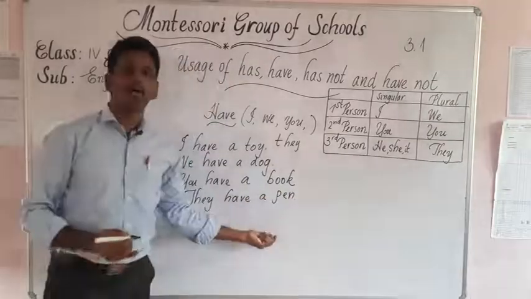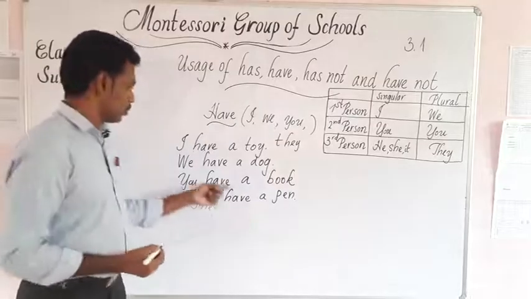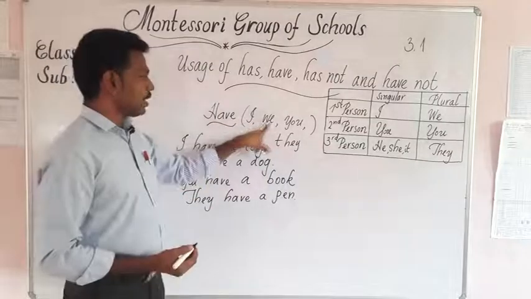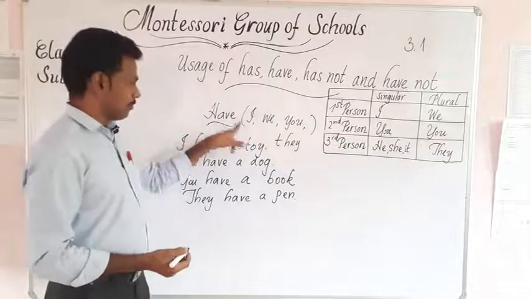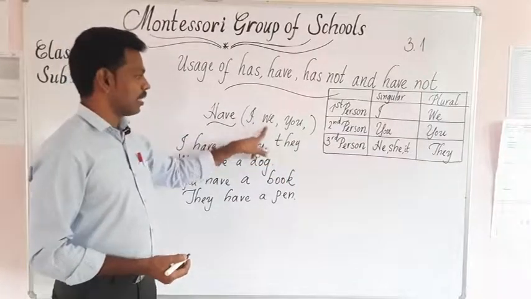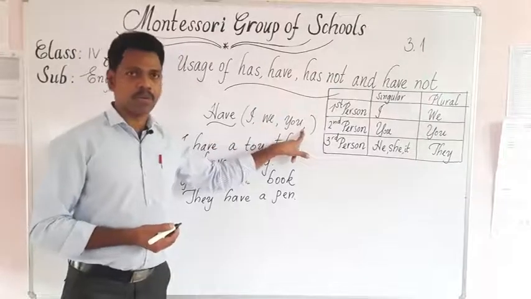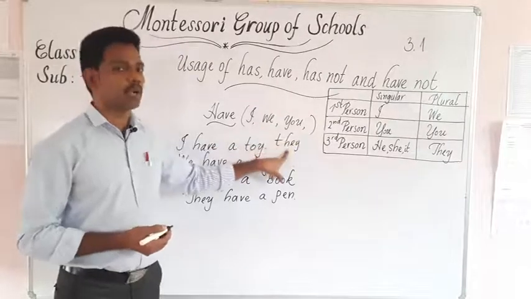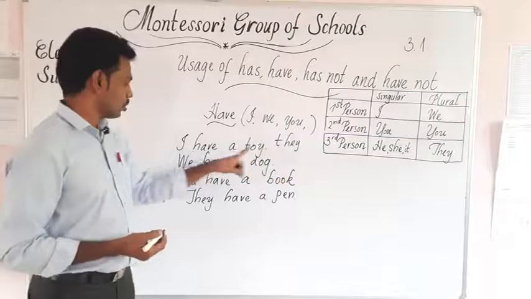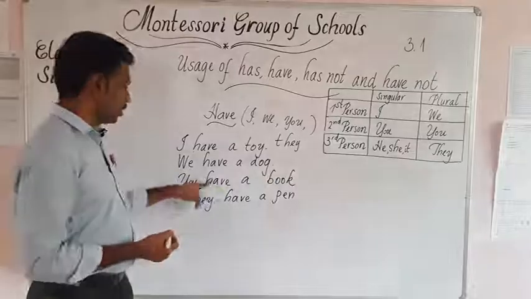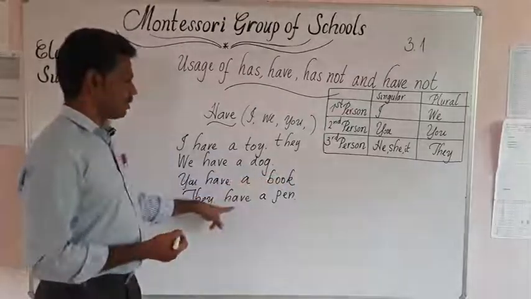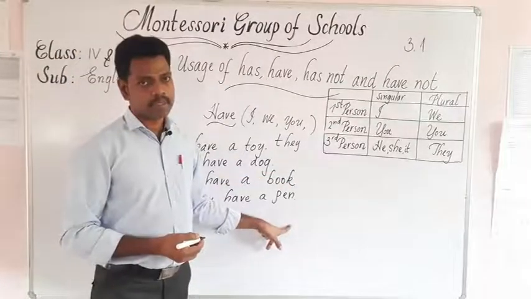And they have a pen. So, I, we, you, they. We are using have with first person singular plural, second person singular plural, and third person only plural. Okay, so I have a toy, we have a dog, you have a book, and they have a pen.